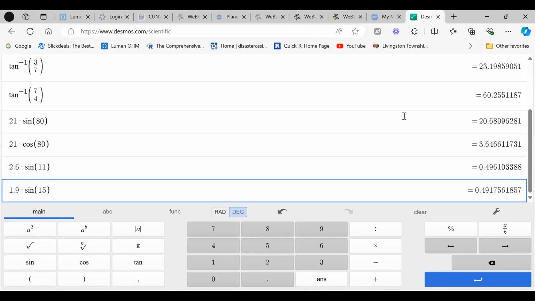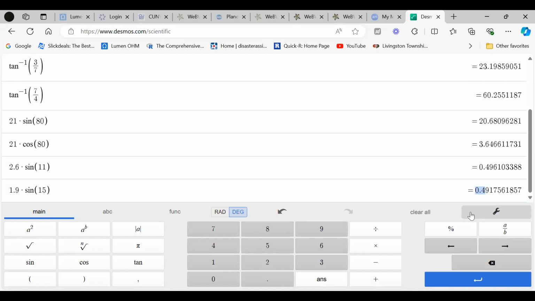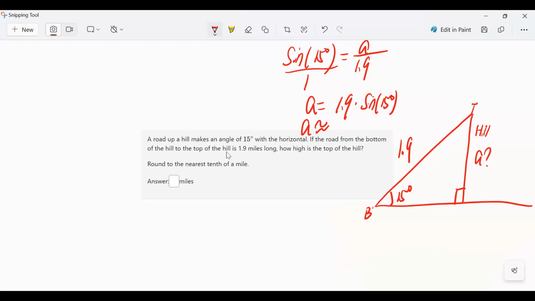So that's going to be 0.5 miles as well. Approximately 0.5 miles if we round to one decimal place.